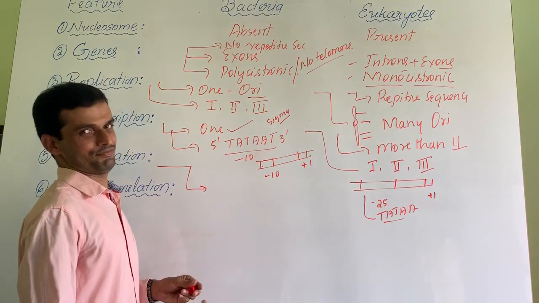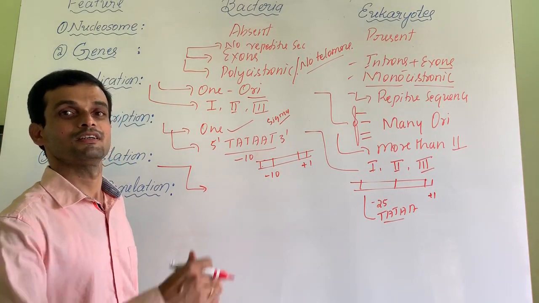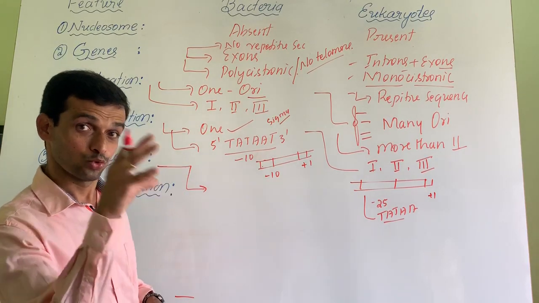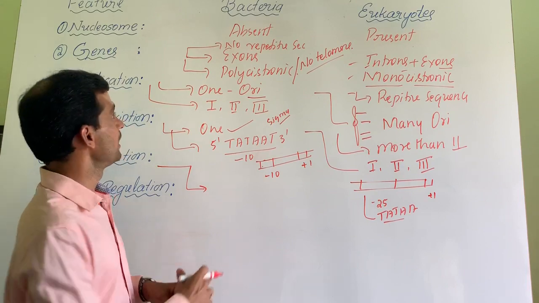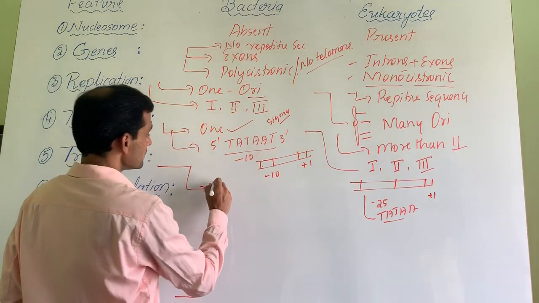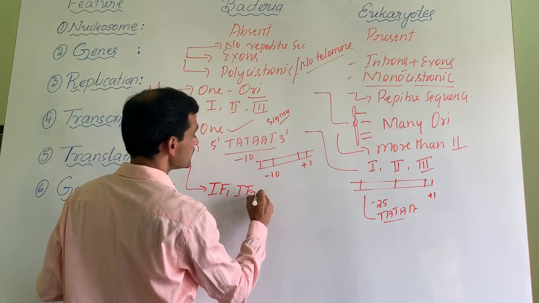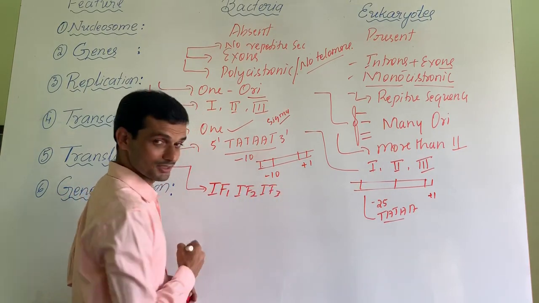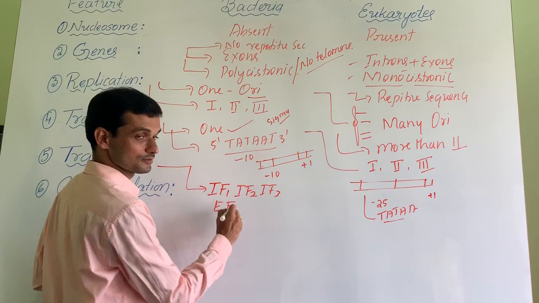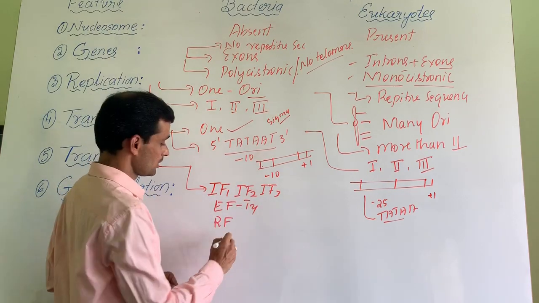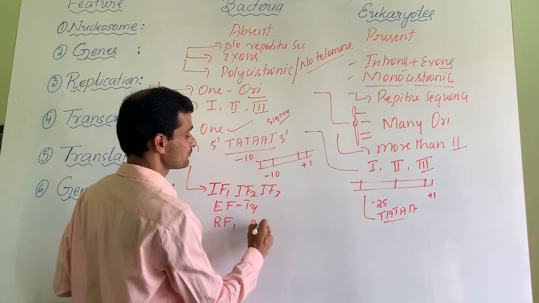Once again, initiation factors, elongation factors, release factors, GTP, ATP, etc. Those factors are very different. In bacteria, initiation factor 1, initiation factor 2, initiation factor 3, elongation factor, release factors, that is given in the textbook also: RF1, RF2, RF3, like this.